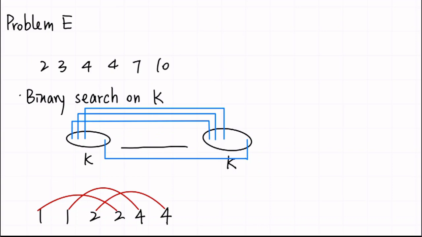And when we do binary search, we can check whether a certain k is possible by matching the values of the beginning with the end.